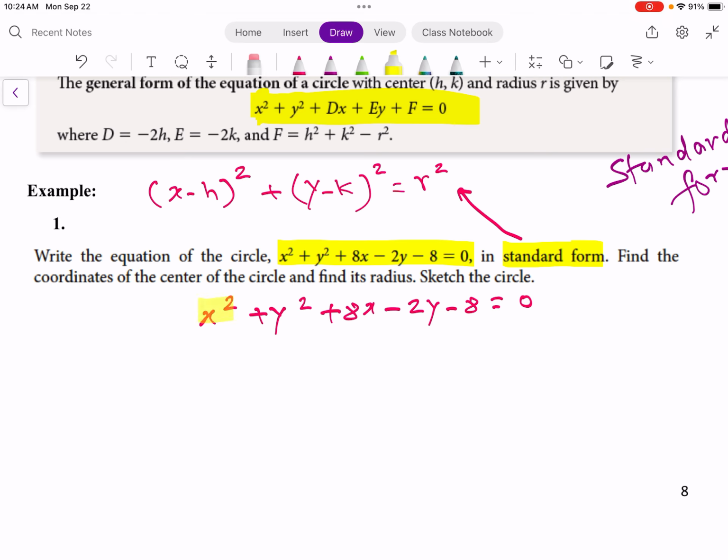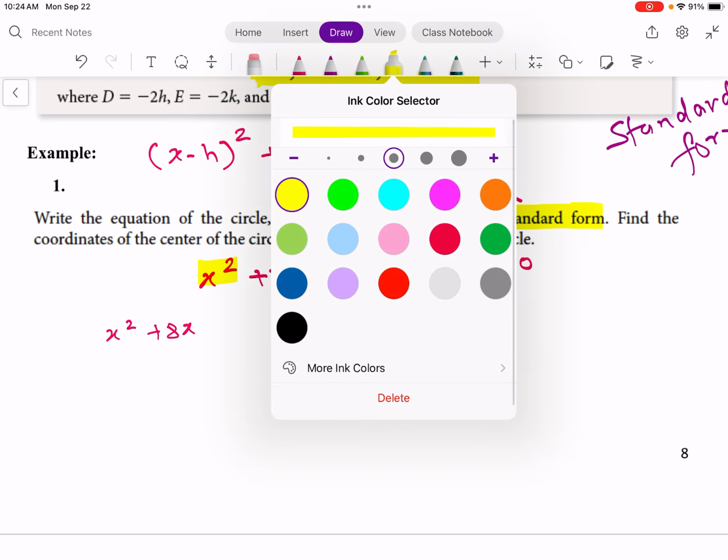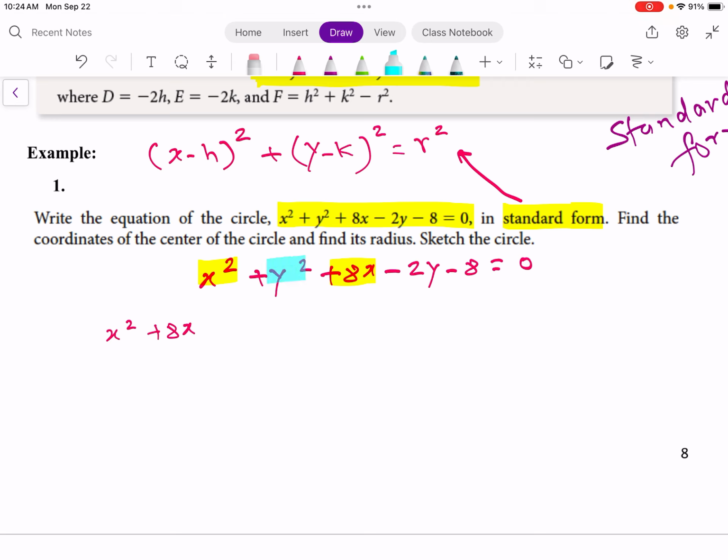For that, the very first step is that we collect the terms with the same variables. So we write down x squared and 8x together. Then you collect the terms with variable y together, so we have y squared minus 2y, and take the constant to the other side.